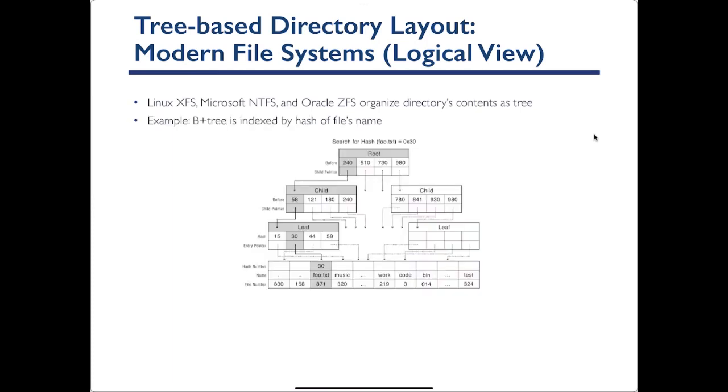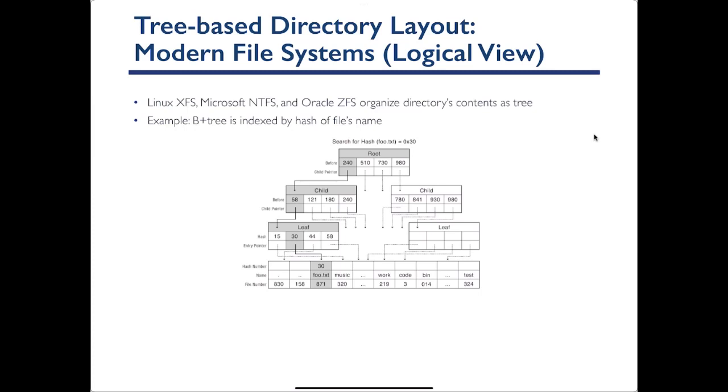Now, here I'm giving you an example of a B-star tree implementation. If you are not familiar with B-star trees, please take a look at your data structures material to refresh your memory. I assume that they talk about B-star trees in data structure courses. If not, there are plenty of resources available online.